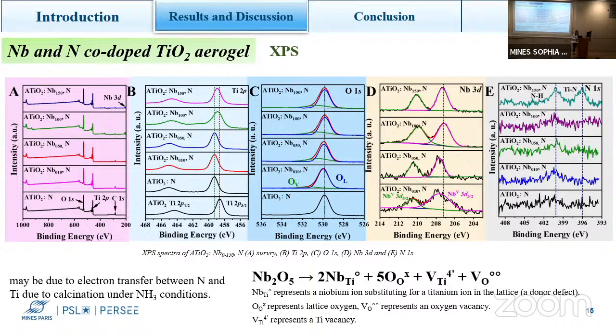So it could be easier to make a gel in acidic medium, probably due to the kinetics of the condensation reaction and a catalytic effect, because sometimes it's easier to condense at the end of the chain compared to increasing the reticulation of titanium atoms.